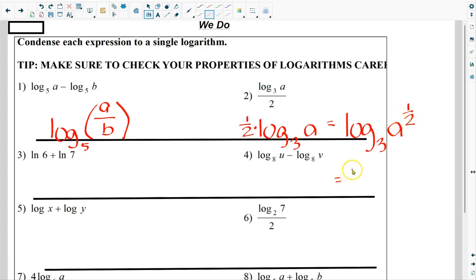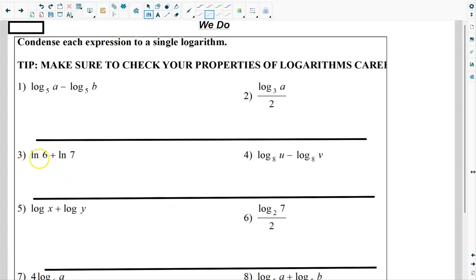So your final answer would look like this: log base 3 of the square root of A. If you're struggling with this, don't worry, copy the notes and we'll simply practice, maybe get you some one-on-one time. All right, so there's those. Let's keep going.